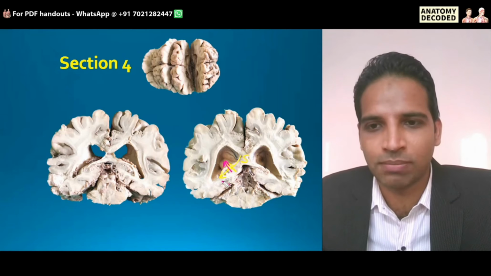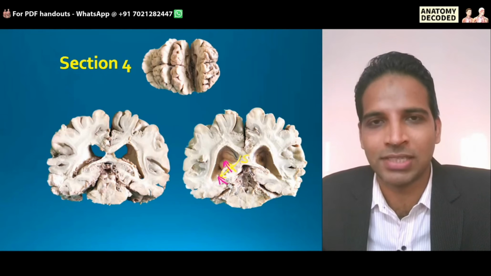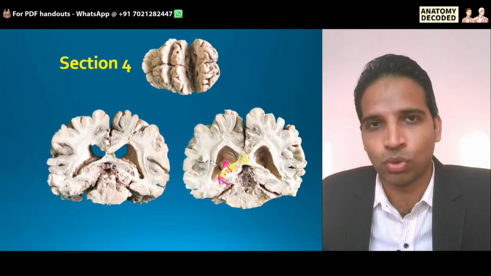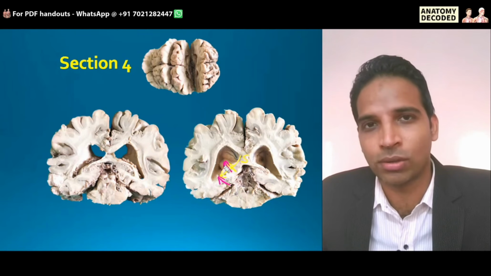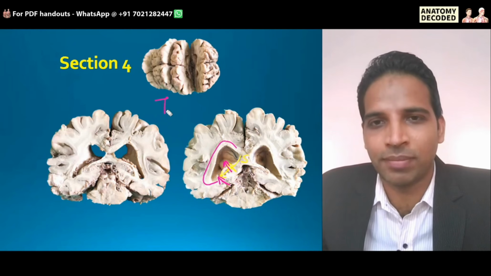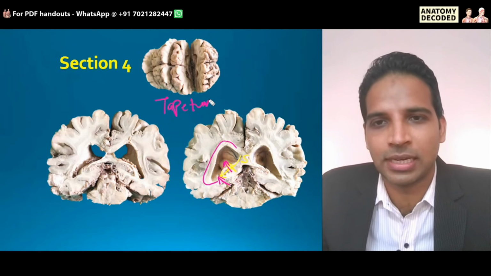And one more bulge is by a sulcus which is present on the medial aspect, the collateral sulcus, that produces a bulge called the collateral eminence. So two bulges are seen in the posterior horn, and also we had seen in the inferior horn two bulges were there. And the remaining part, roof, lateral wall, and some part of the inferior wall, all areas covered by white matter, that is referred to as tapetum.